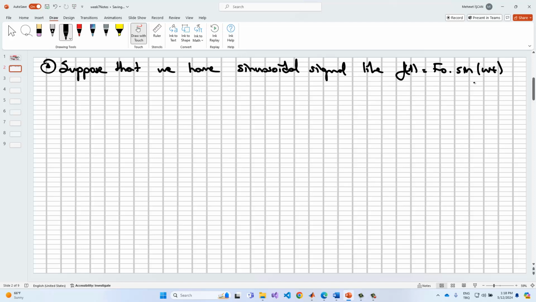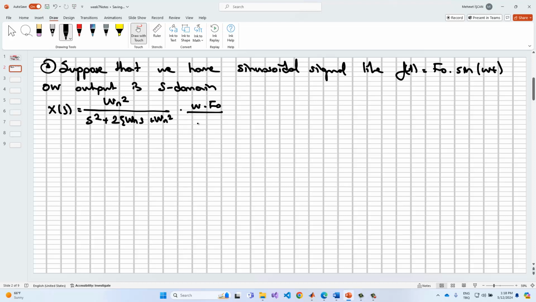Okay, w is the angular frequency of these terms, and so our output in the S domain can be rewritten as X(s) equals omega_n squared divided by (s squared plus 2 zeta omega_n s plus omega_n squared) times F0 w divided by (s squared plus omega squared). F0 is the magnitude of these terms. Okay? And so this comes from the sinus signal.